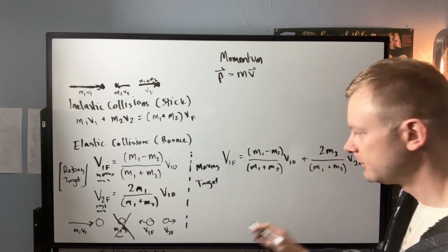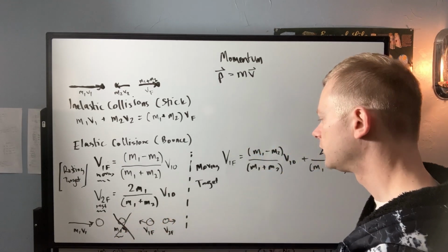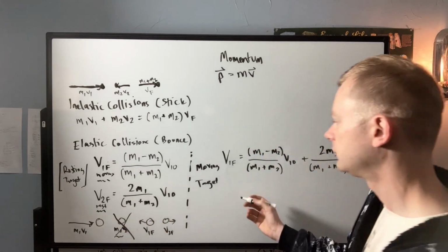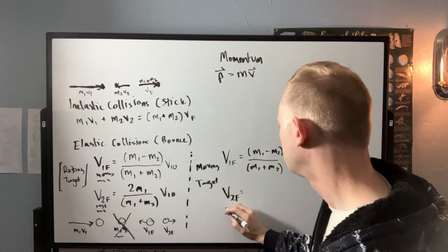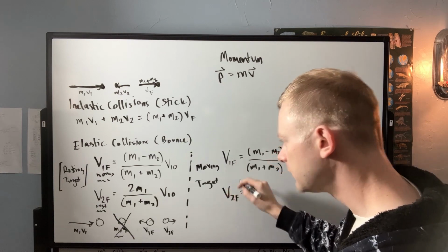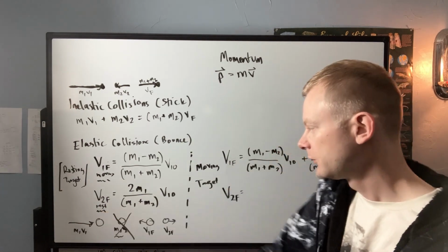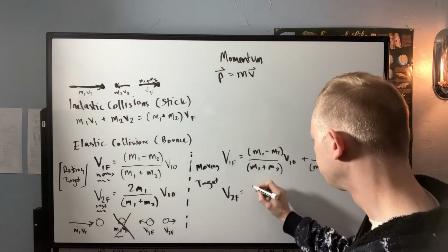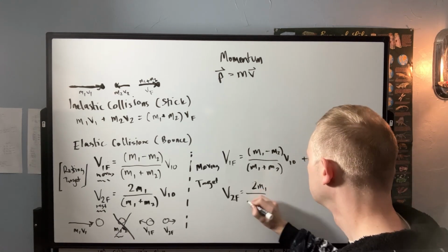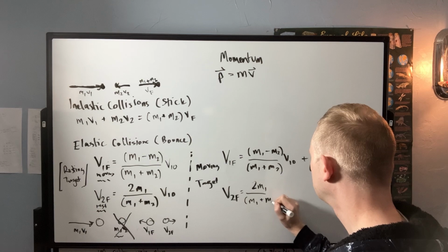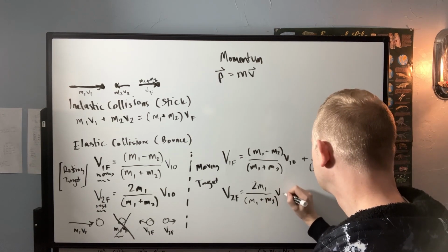So now, if this ball was moving, all of a sudden there's going to be a second component to the equation. So that's just going to be V2F. This is the one that was previously at rest, and now they're both moving. So we start it the same way. We have 2M1 over (M1 plus M2), as usual, V1, 0.